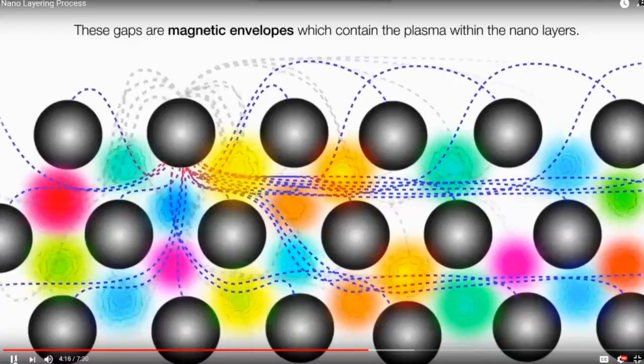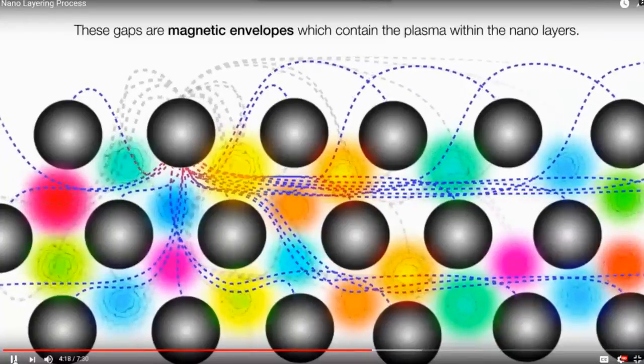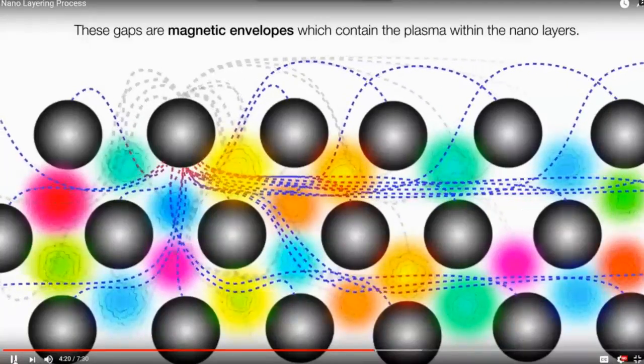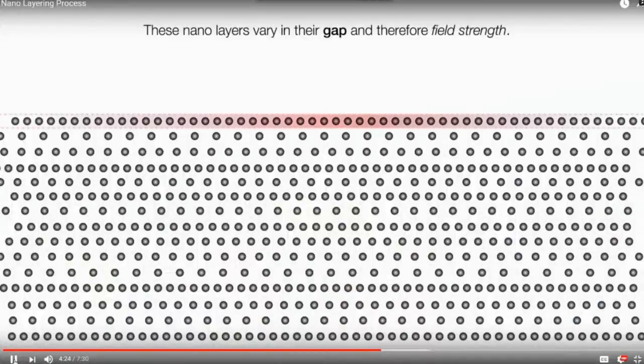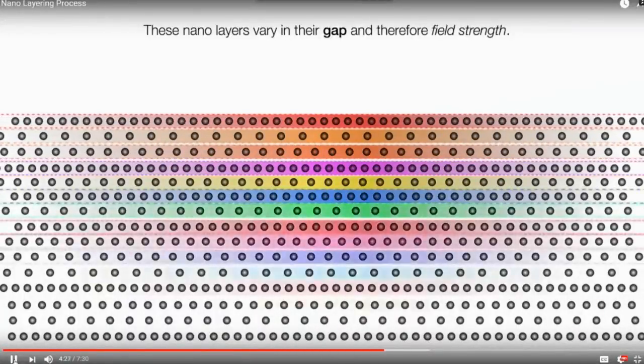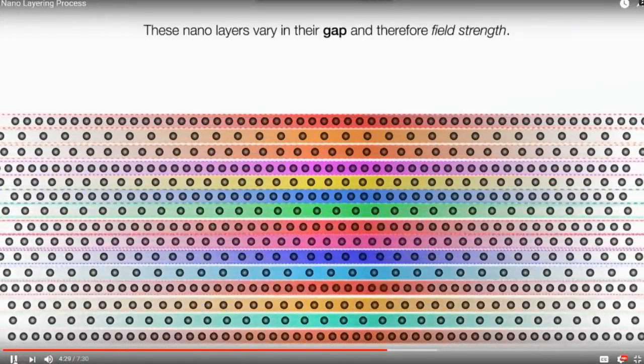These gaps are magnetic envelopes which contain the plasma within the nano layers. These nano layers vary in their gap and therefore field strength.